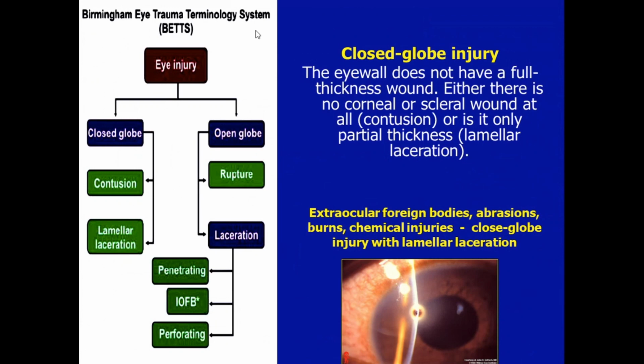In closed globe injury the eye wall does not have a full thickness wound. Either there is no corneal or scleral wound at all, contusion, or it's only partial thickness, lamellar laceration. For example, closed globe injury includes extraocular foreign body, for example corneal foreign body, abrasion, burns, chemical injuries, and lamellar laceration.